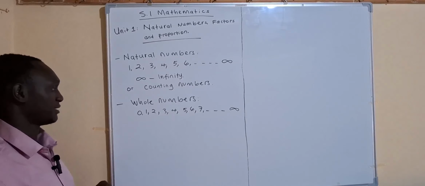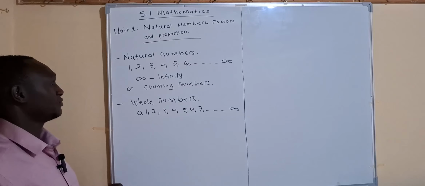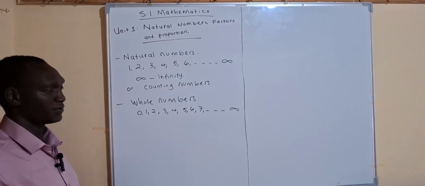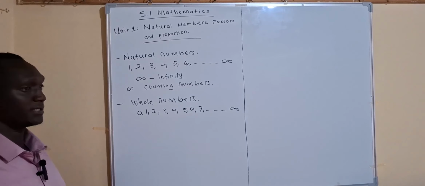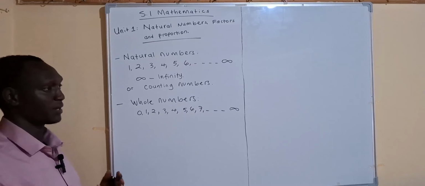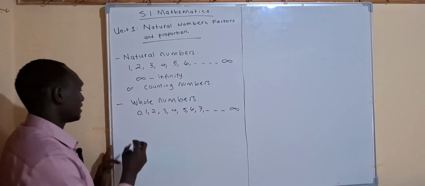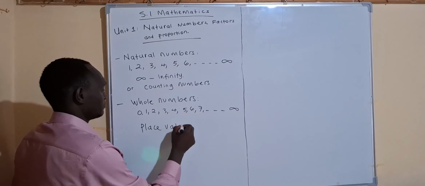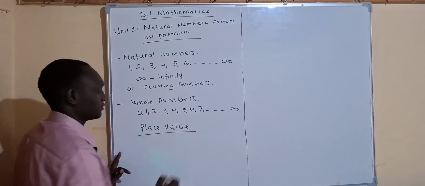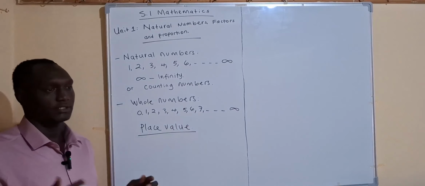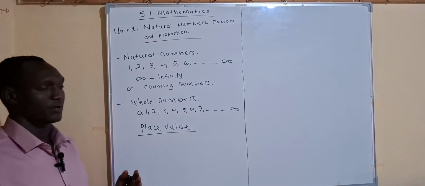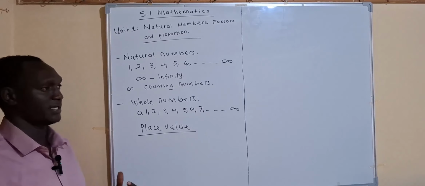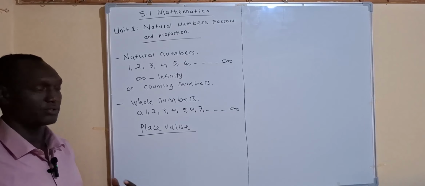They are whole numbers. Having seen what natural numbers are and their close association with counting numbers, let's now look at one of the important concepts that we cover in this class, and that is place value. In your interaction with numbers, you could have noticed that the value of a number actually depends on its position.